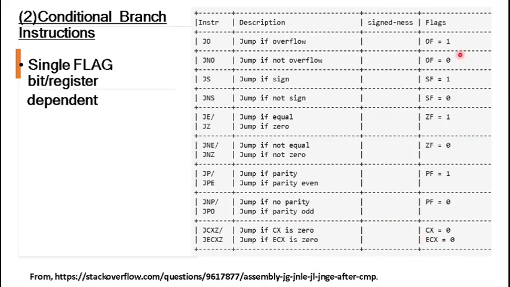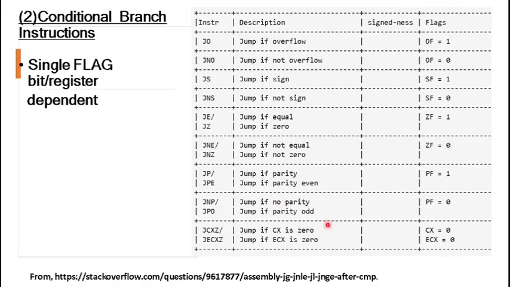As a flag can be in any two states, either set or unset, we have two instructions per flag. The jump if overflow instruction will perform a jump if the overflow flag is set. The jump if not overflow performs a jump when the overflow flag is unset. Similar is the case with other flags.